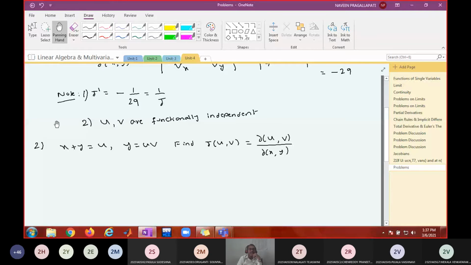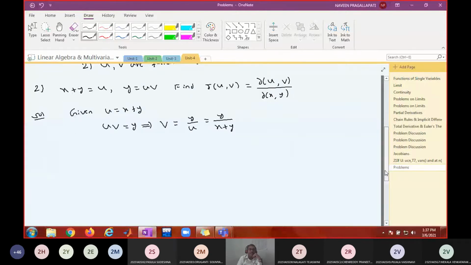So how do you write v in terms of x and y? uv equal to y. Therefore, what is v? V is y by u. But what is u? x plus y.